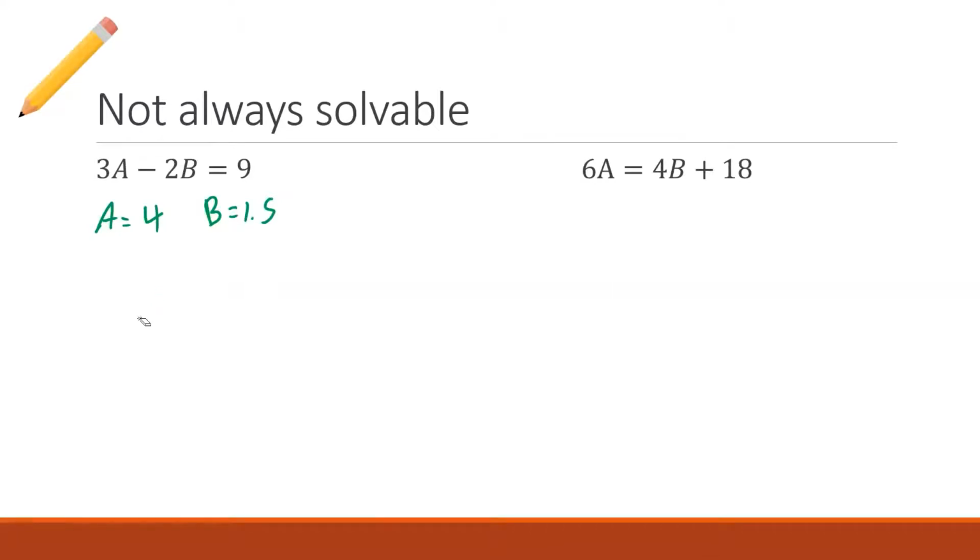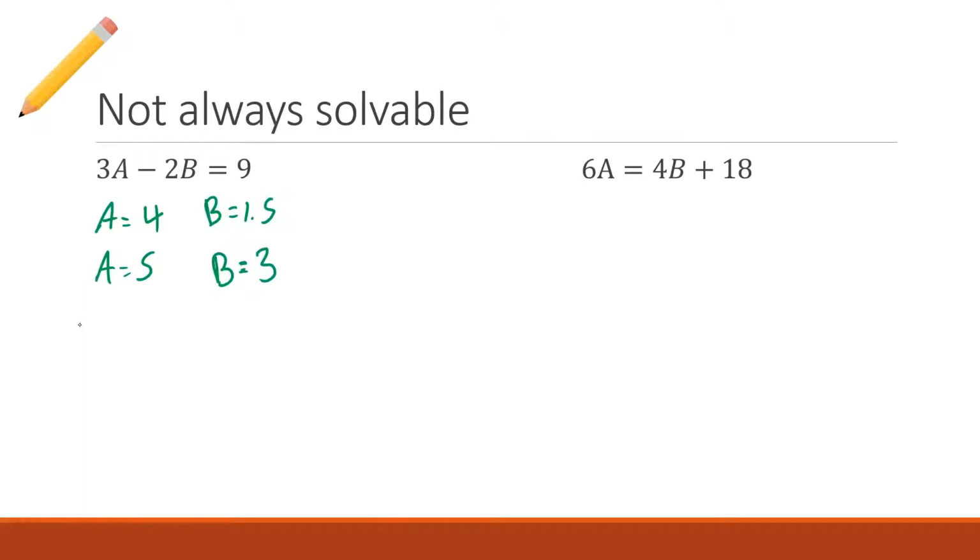There are, again, another infinite amount of solutions. That just happens to be one of them. Another one might be A equals 5, B equals, and 3 times 5 is 15, 15 take away 6, so therefore B equals 3. There's another solution to the above equation.